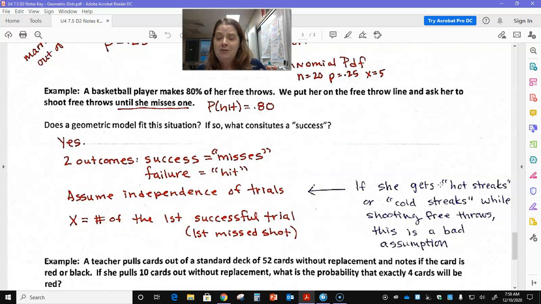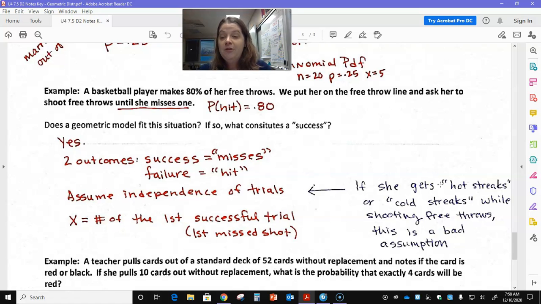If this player is prone to, when she hits a shot, being more likely to hit the next one because she gets into a groove, or if she misses a shot, it messes with her head and she doesn't do as well on the second one, which is probably true, this is probably a bad assumption. So we have to assume independence in order for this to be geometric, and that might be a bit of a stretch.